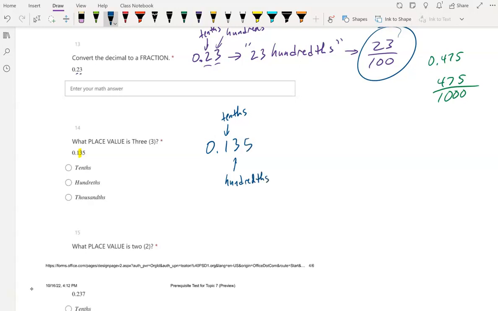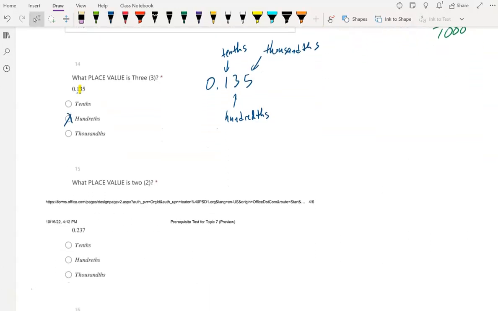And the third place after the decimal, that's the thousandths place. So, where's the 3? It is 2 places after the decimal, and that's hundredths. And the next question is, what place value is the 2? Well, the 2 is 1 place after the decimal, and 1 place after the decimal is tenths.